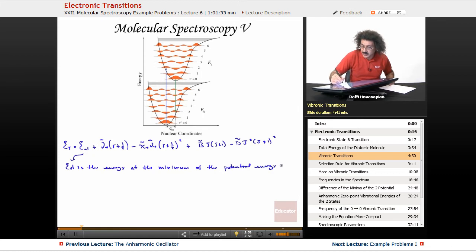In other words, in the ground electronic state, it is that energy right there, whatever that happens to be. In the first excited state, it is that right there. So it's the energy at the minimum of the potential energy curve. That's what the electronic energy is.